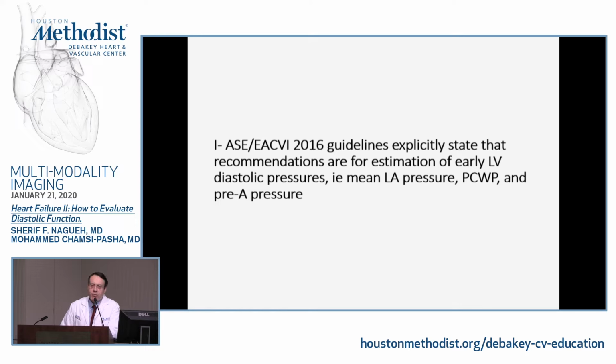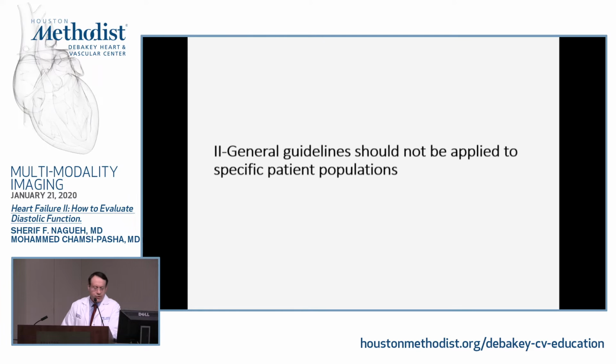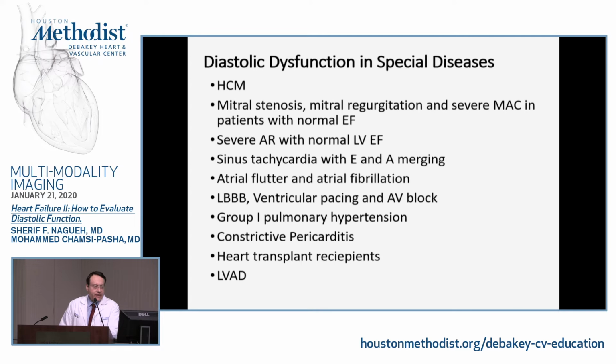So that's an important point to remember. Which pressure are you trying to estimate? The word LV filling pressure is quite big, and there can be significant differences in some patients where you have a patient who has a high EDP but a normal mean pre-A pressure. There are specific patient populations also where general guidelines do not apply to them, and they are listed on this slide, quite a few.